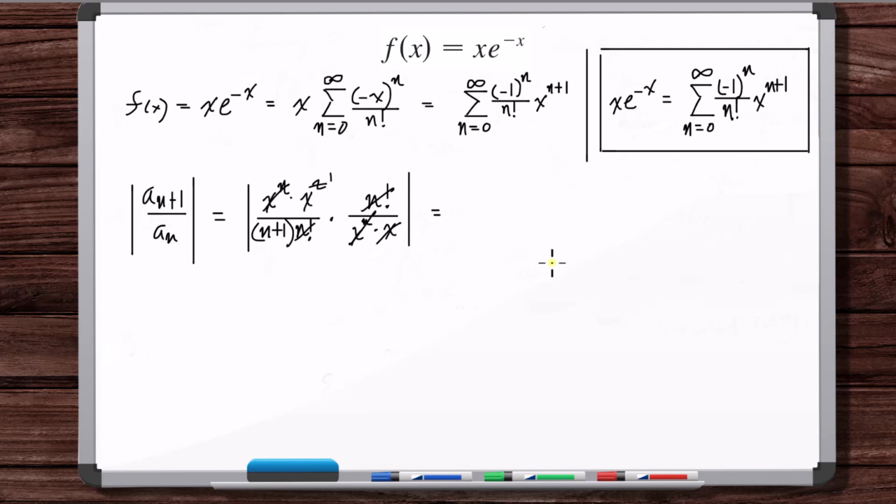So the limit as n approaches infinity of this is equal to 0, this goes to 0, 0 times this is 0, so this is 0 for all x, which is always less than 1, so the radius is equal to infinity.